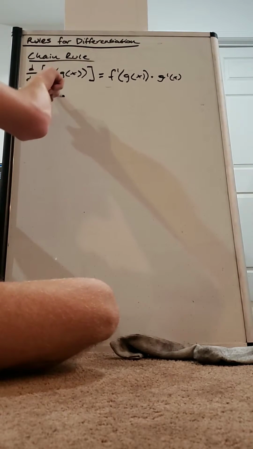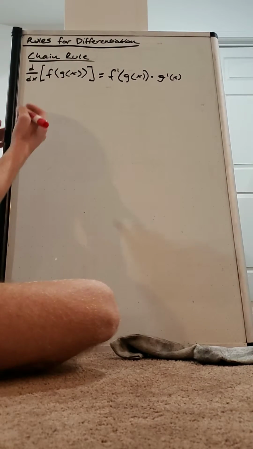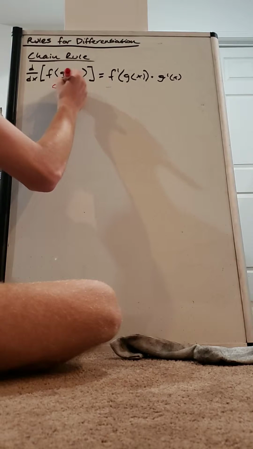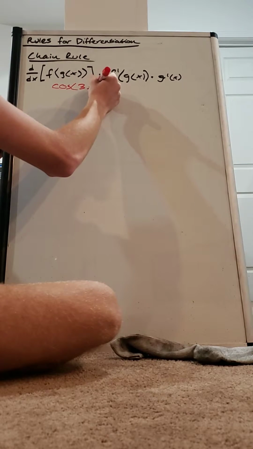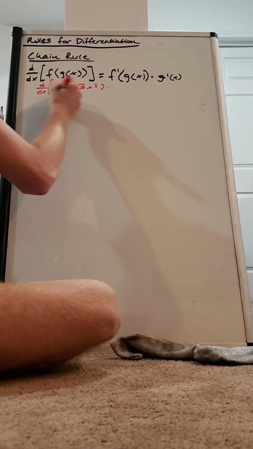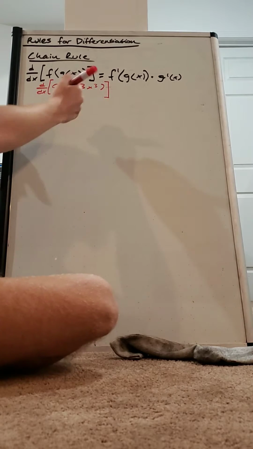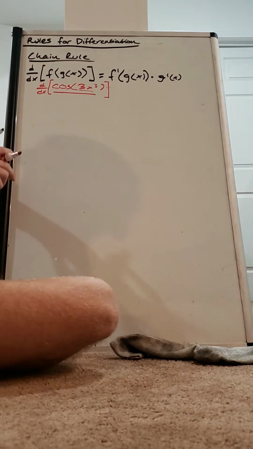An example of where this would come up is if you had cosine of 3x to the third, and you're taking the derivative of that, right? You can see you have this function inside of another function.